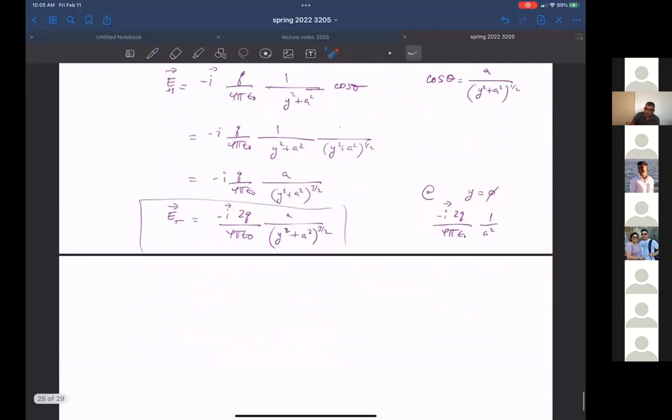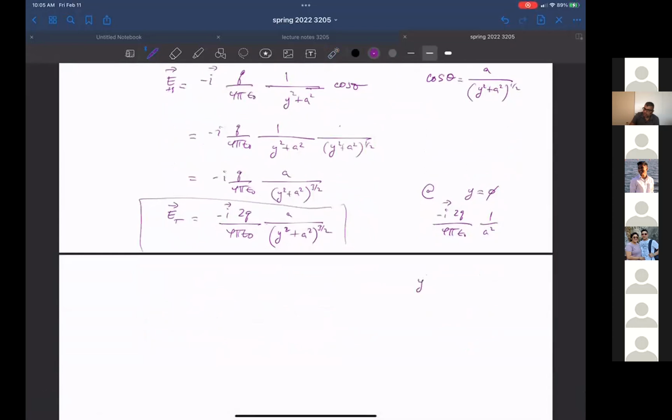And if you go to y much bigger than a, so now we're talking about approximations, you get minus i 2q over 4 pi epsilon naught, a over y to the third. Is that what you got, John? Yes, sir. Okay, that's what I got. Okay, awesome.